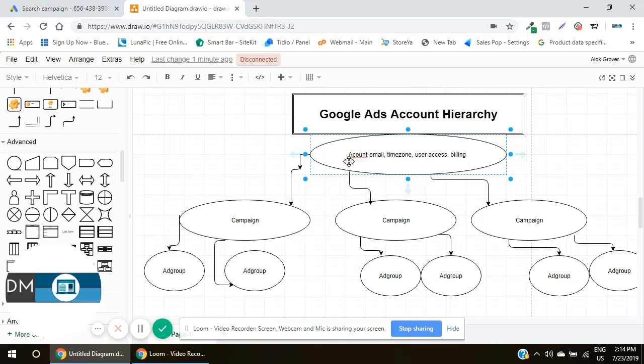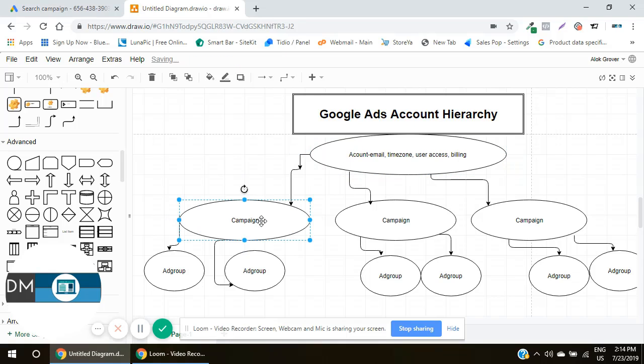So you can very well do that under this category, which is campaigns. Campaigns would basically be used to set up your location.